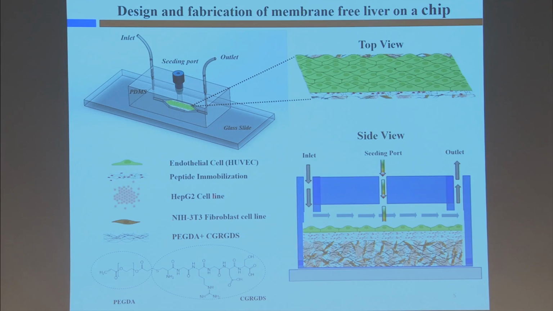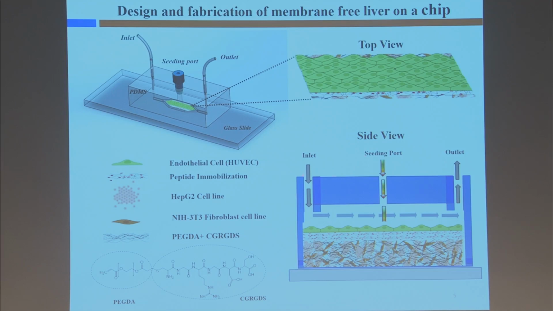First of all, we encapsulated the Hep2 liver cancer cells and fibroblasts inside the hydrogel, and we can see that this PEGDA hydrogel not only protects the hepatocyte cells from the shear stress of flow, but also mass transfer is there, and via diffusion the Hep2 cells are getting the nutrients and the media.